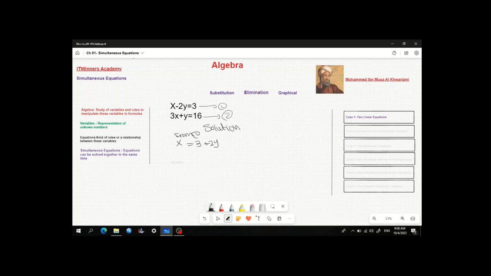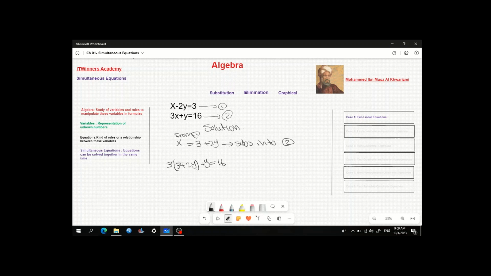And substitute into 2. So let's solve it. So 3 times (3 plus 2y) plus y equal to 6.